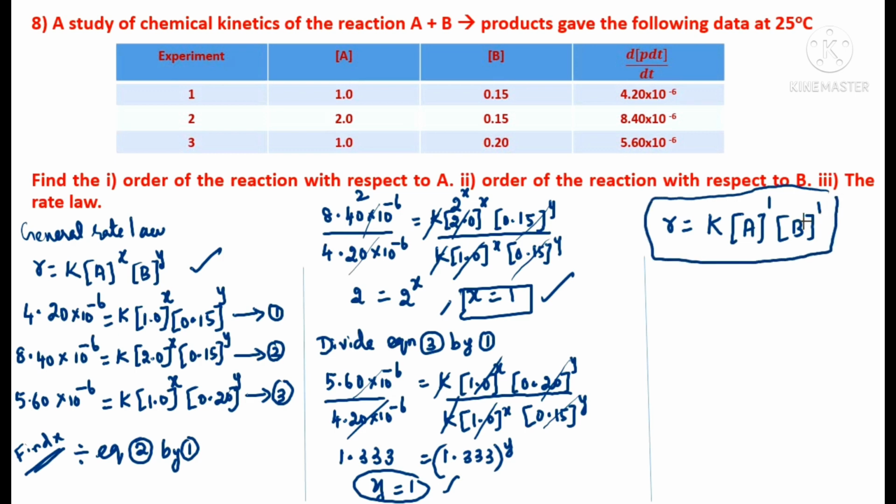Now we are going to find out the order of the reaction with respect to A. What is the power here? It is 1. So the order of the reaction is obviously 1, understood?